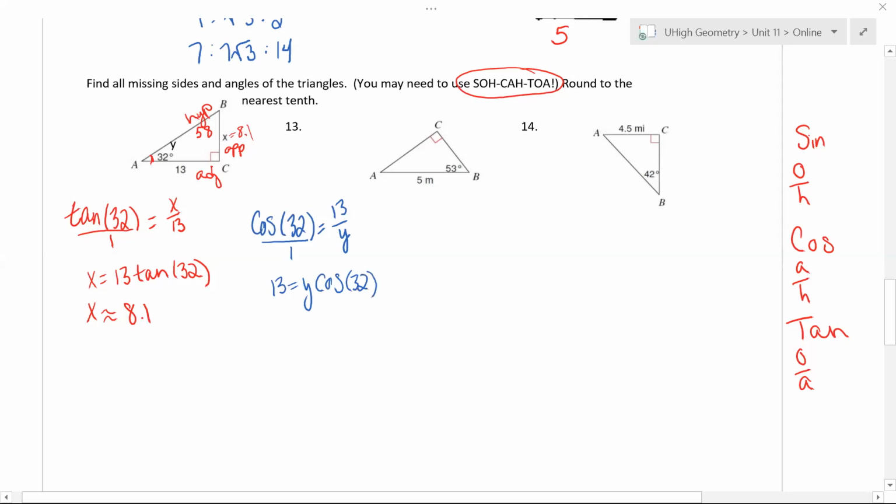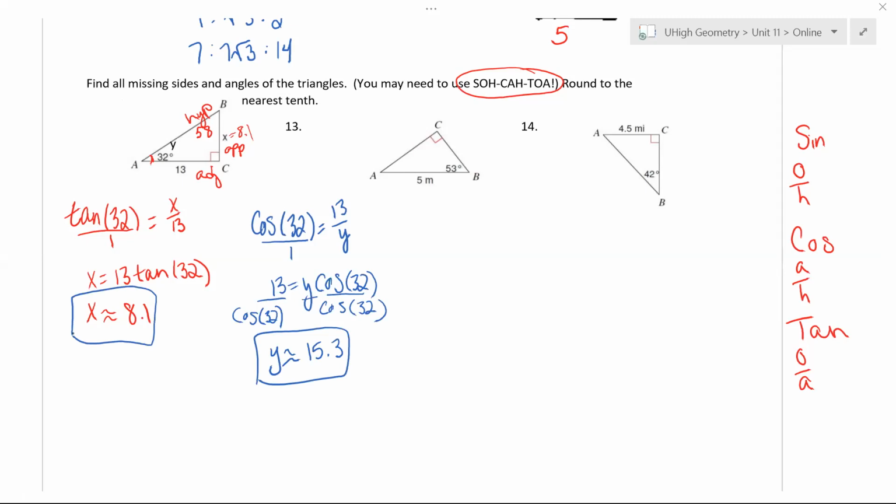Divide both sides by the cosine of 32. And I would find that y is approximately 15.3. So both ways should get you about the same answer. So it really doesn't matter which way that you do it. Both ways will work.